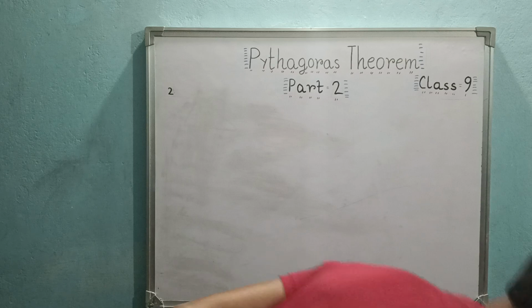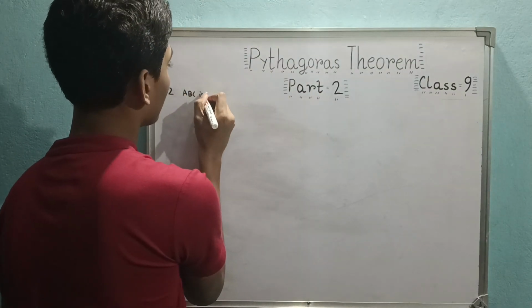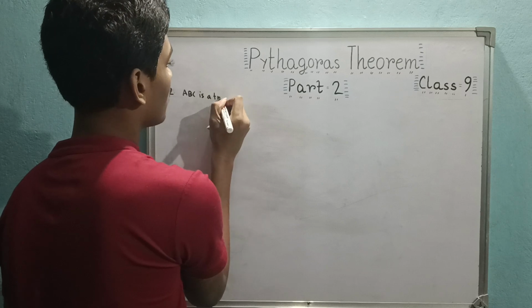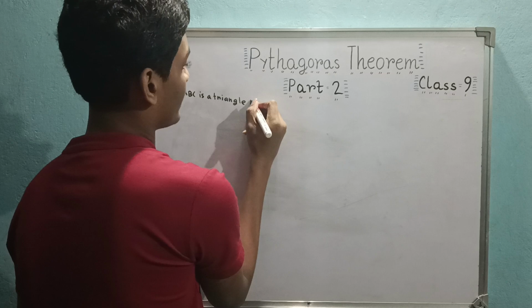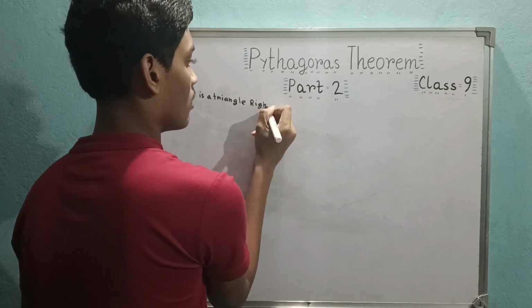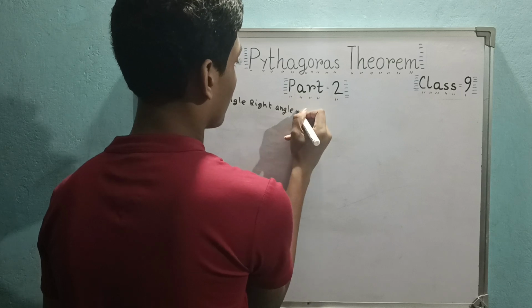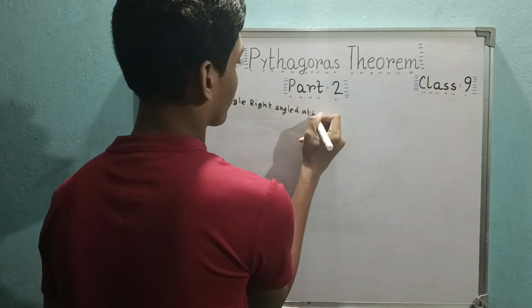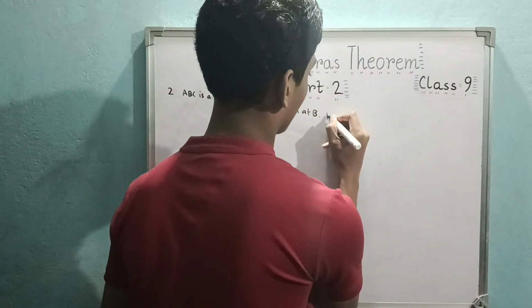ABC is a triangle right angled at B. M is a point on BC, not the midpoint.